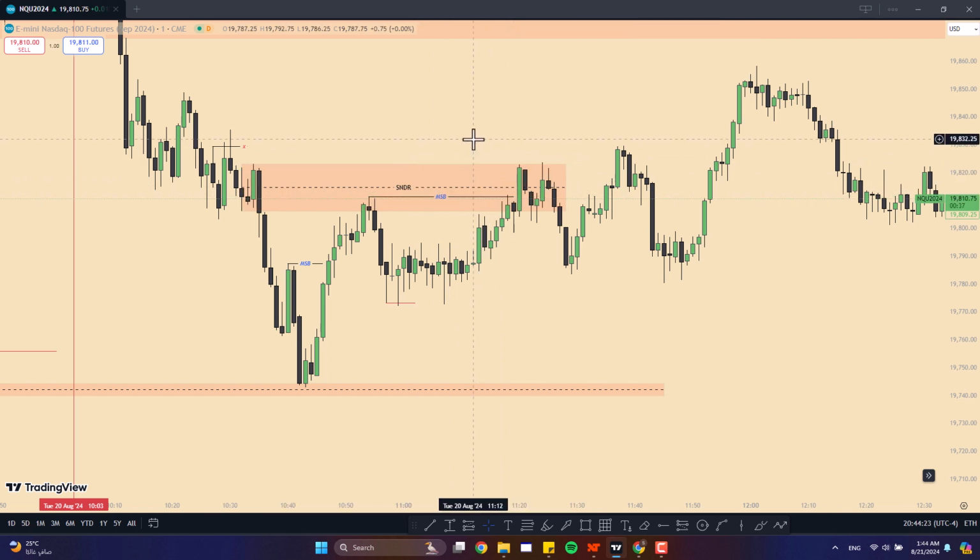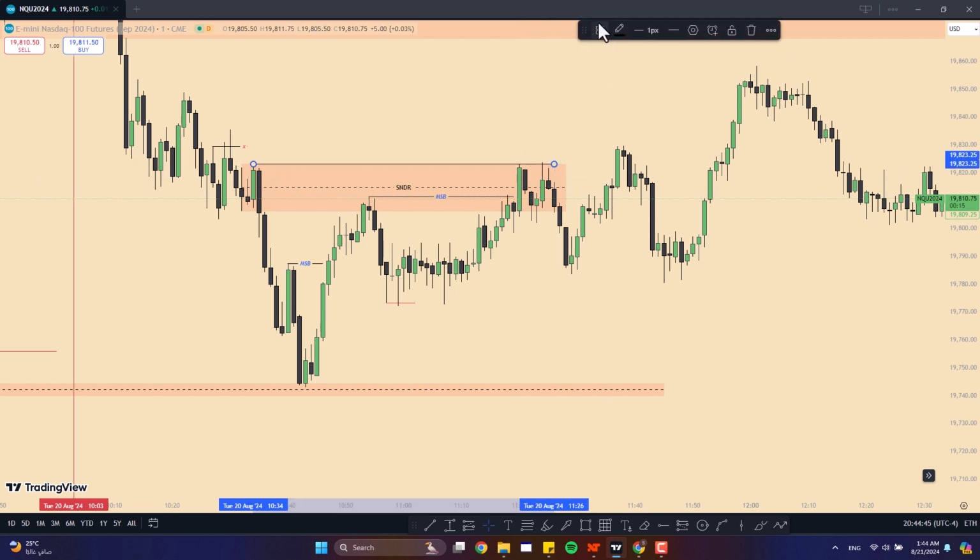I believe I talked about it in my previous NQ market review. So as you can see, the SNDR that pushed the price lower, it is still holding price, so we don't have any body closures above it, right?